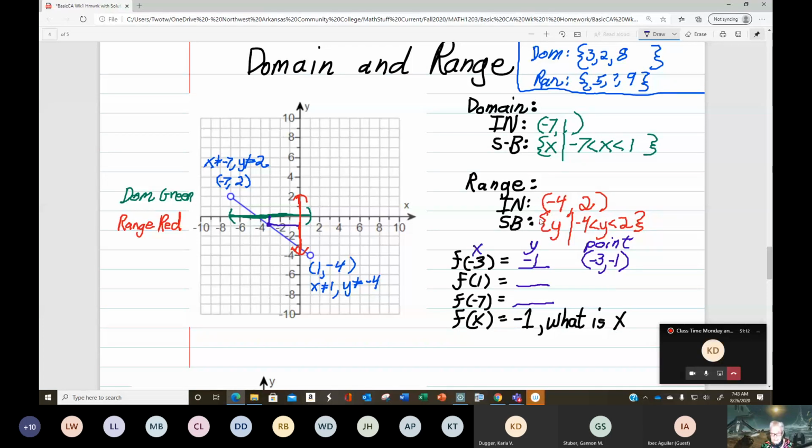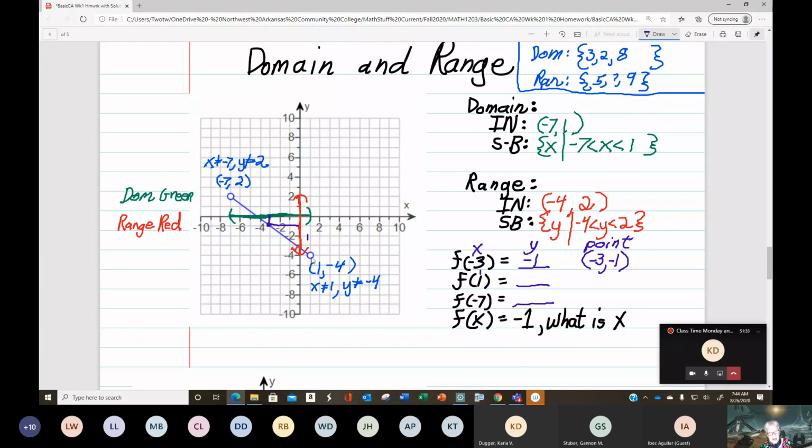And similarly, if we go to x equals 1, if x could equal 1, we would get y equals -4.